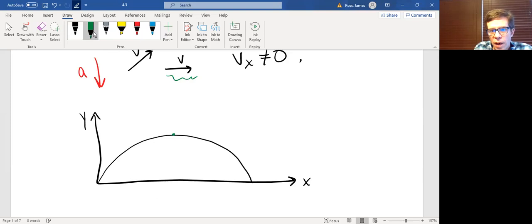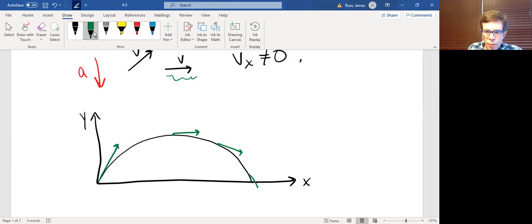We said that instantaneous velocity is a tangent, right? So there, there, there, there.